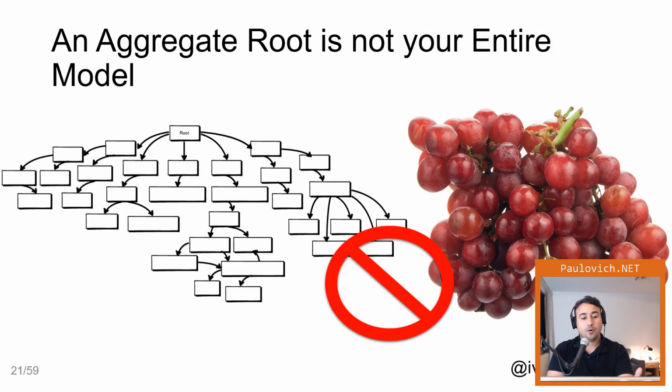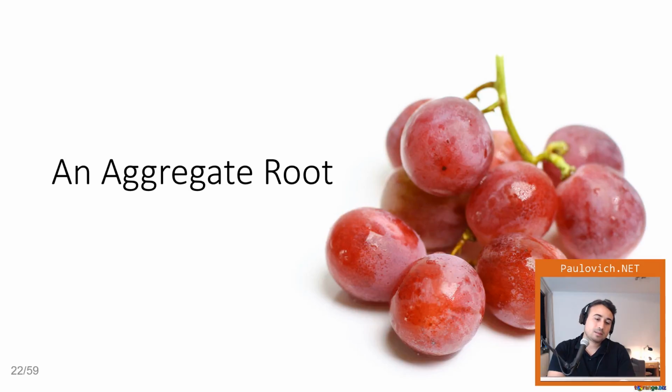And this graph of objects starting with an aggregate root that is connected to all your model, this isn't an aggregate root. This is a poorly designed aggregate root. So do not follow this idea. In fact, I see an aggregate root as a bunch of grapes like this, but where it's possible to see where it begins and where it ends. So this is something that I like.